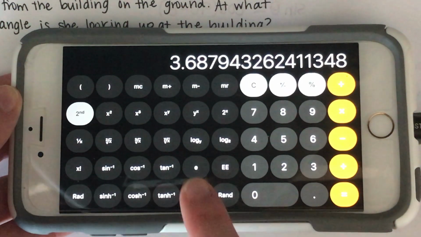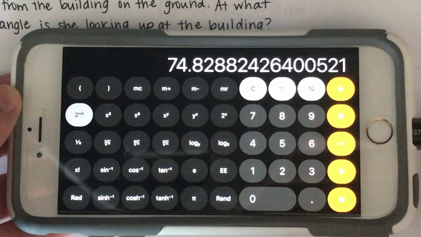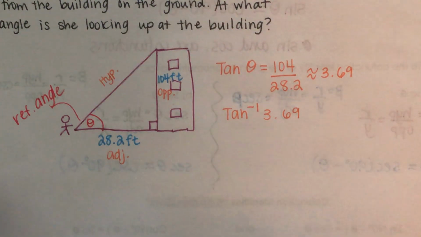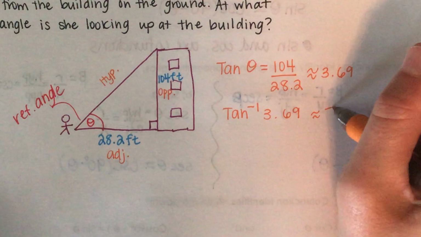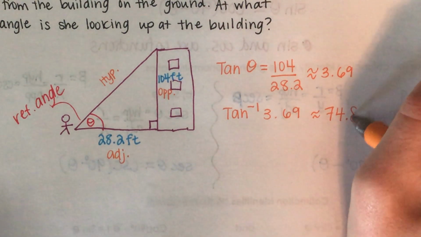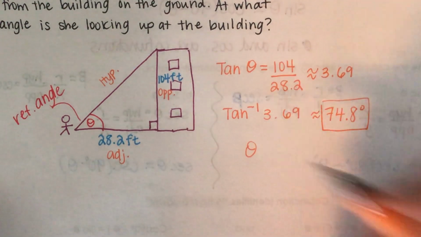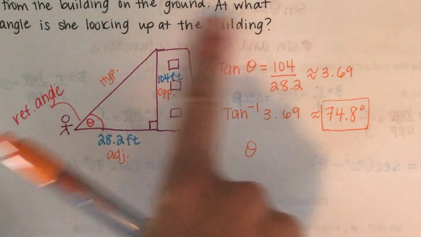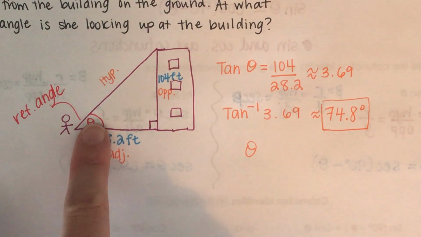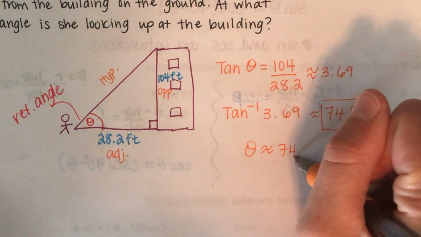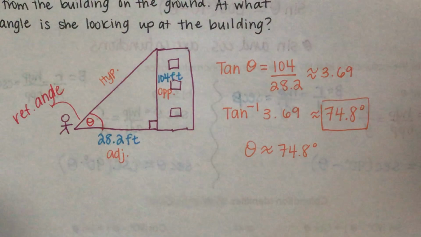So you're going to push the tangent, and you get about 74.8 degrees. And I know that it's degrees because it's asking me for the angle. It's saying at what angle is she looking up at the building? Her theta, I'm looking up at the building at 74.8 degrees.